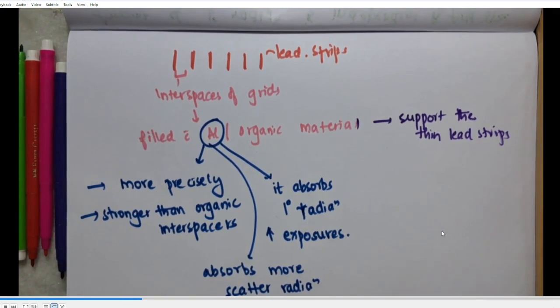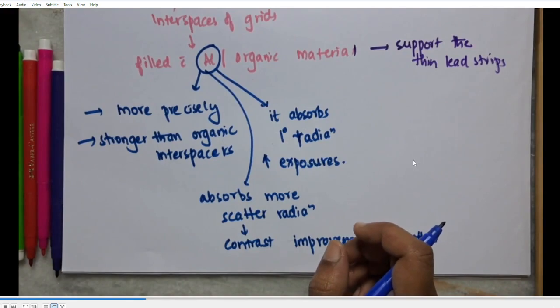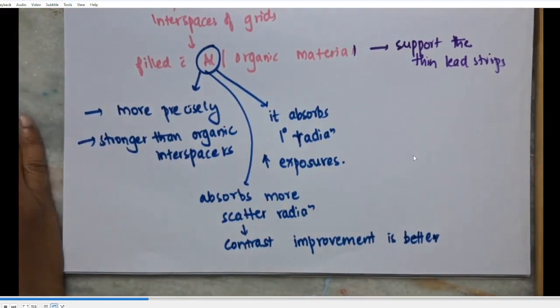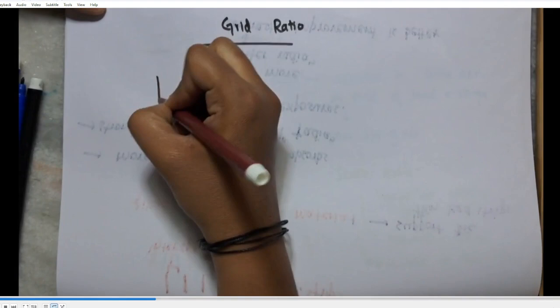However, contrast improvement is better with these aluminium grids. At the present time, both aluminium and organic materials can be used. There is no clear-cut differentiation as to which is better at the present time.